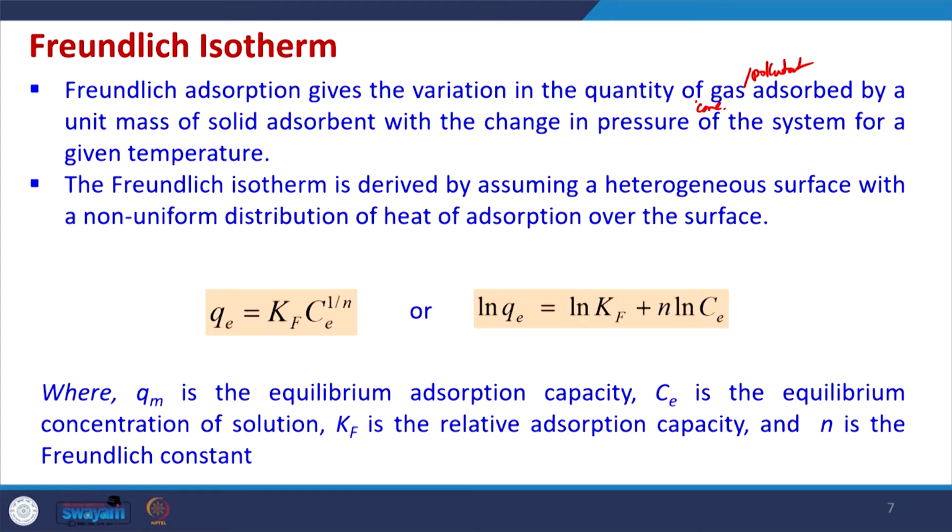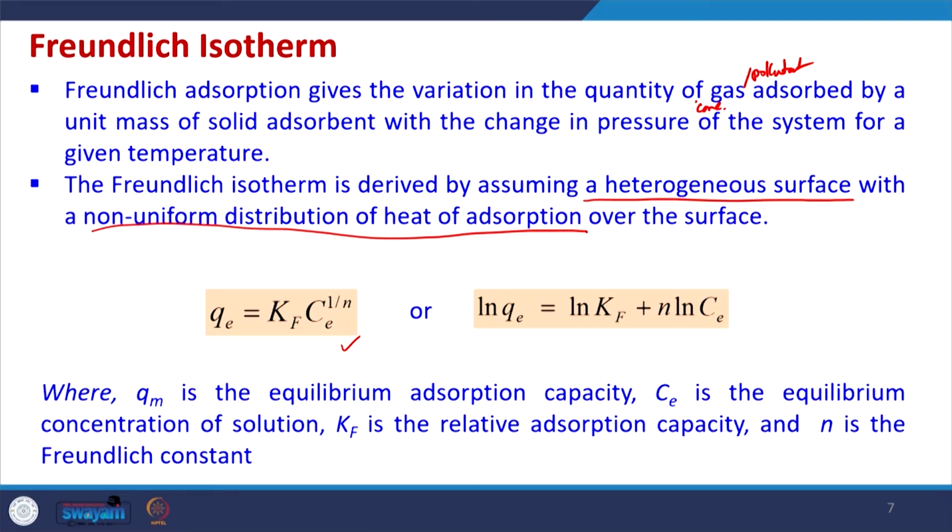The Freundlich isotherm is derived by assuming a heterogeneous surface, with non-uniform distribution of heat of adsorption over the surface. This is one of the basic assumptions, and it is represented by this expression. The exact derivation can be looked into in the original paper.